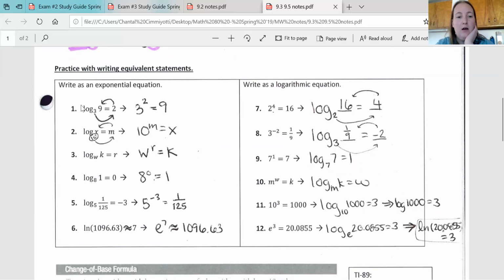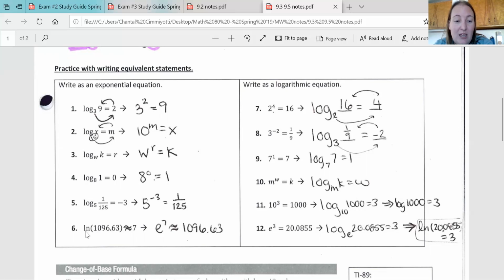You can change forms from a logarithm to an exponential by following that pattern of base to the exponent equals the argument. So 3 squared equals 9. 10 to the m is x. W to the r is k. 8 to the 0 is 1. 5 to the negative 3 is 1 over 125.